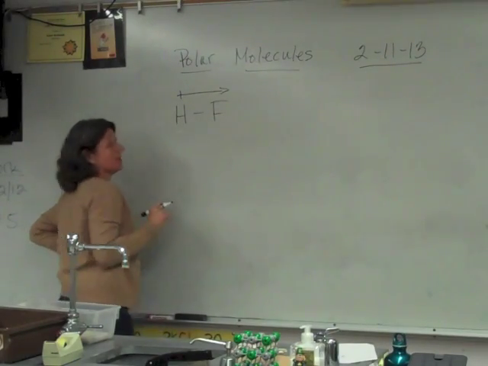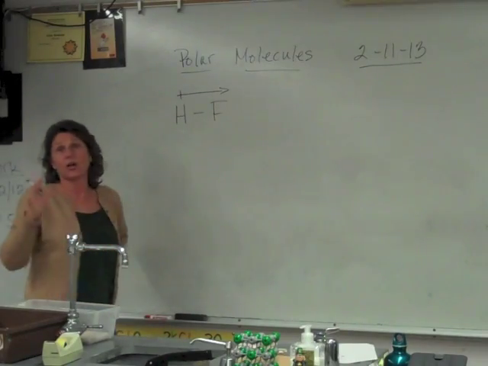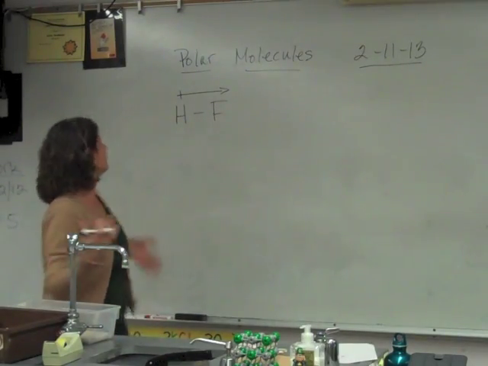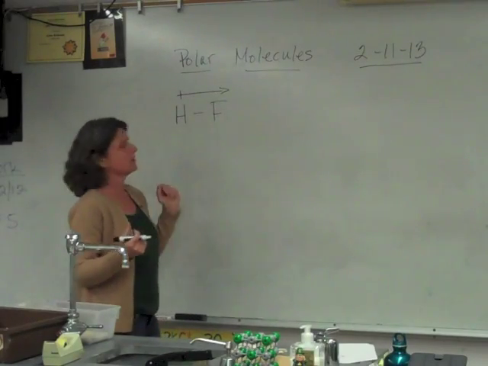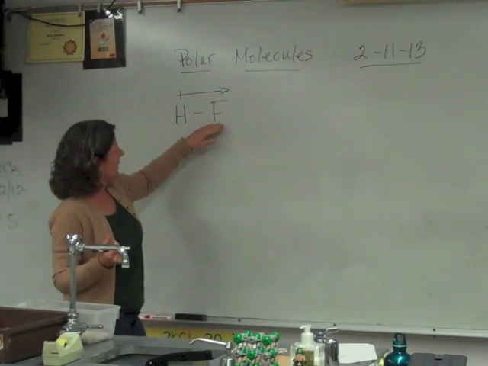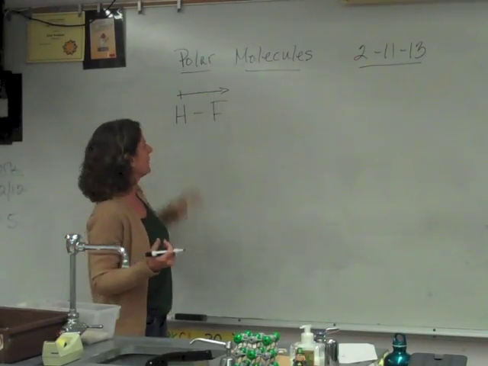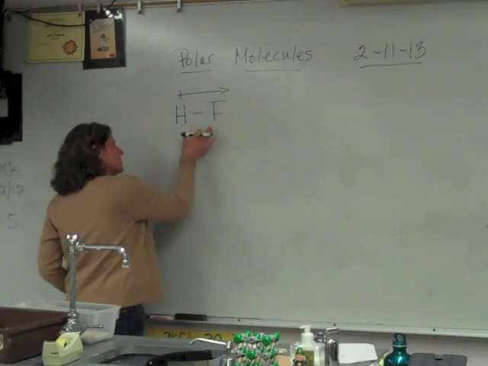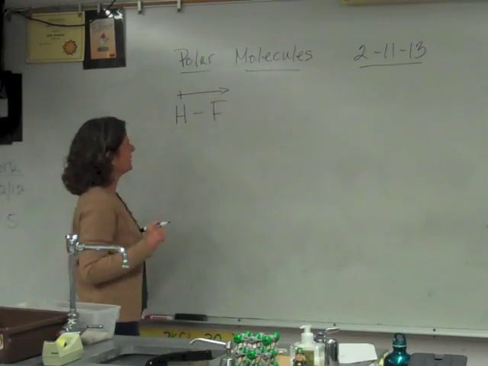This is going to be the electronegative portion because fluorine has a greater electronegativity, so it's going to keep the electron cloud around it most often. Or the majority of the electron cloud will be here. And so this is a polar molecule, with an electropositive end and an electronegative end.